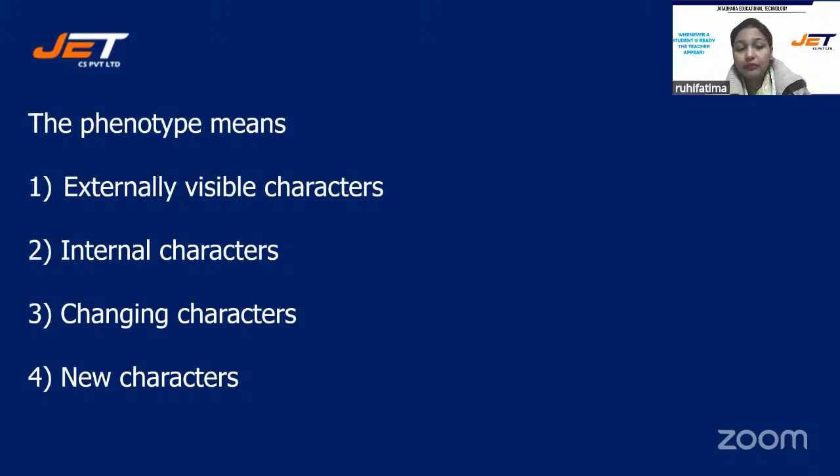Phenotype means externally visible characters, internal characters, changing characters, or new characters. Come on, students, your 20 seconds are running very fast. You've got only 20 seconds to answer the question. Hurry up.